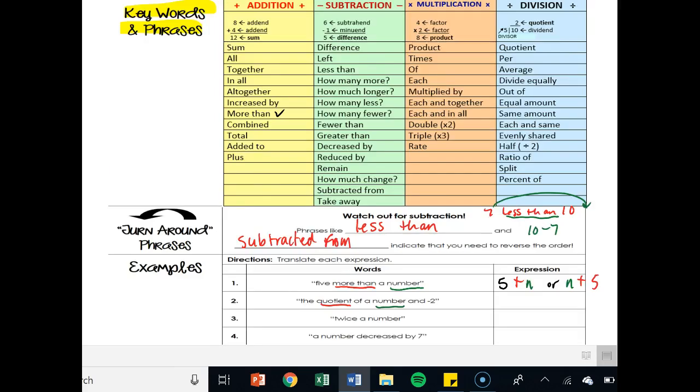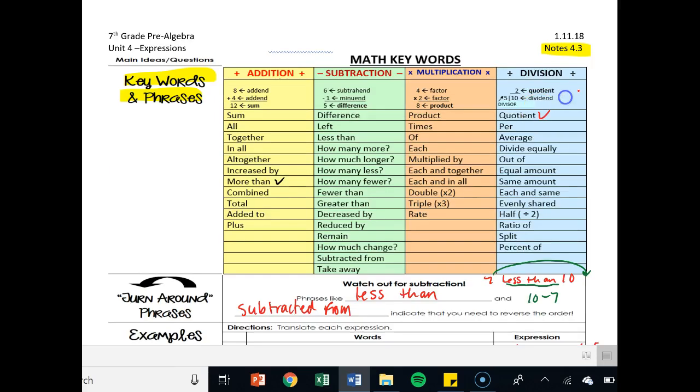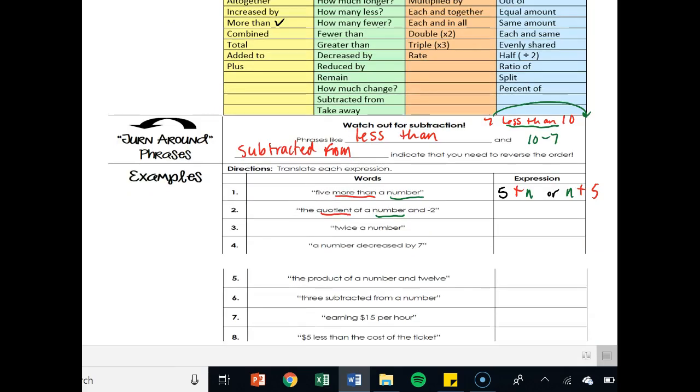If I go up, that quotient word means division. And a number. So I could say the quotient of a number, n, divided by -2, right? Or I could write it as n over -2. Writing it as a fraction is the same thing as division.